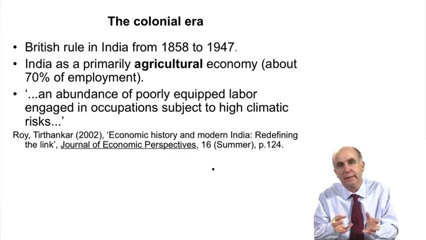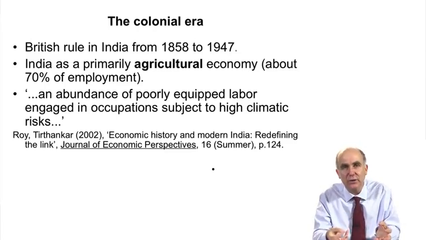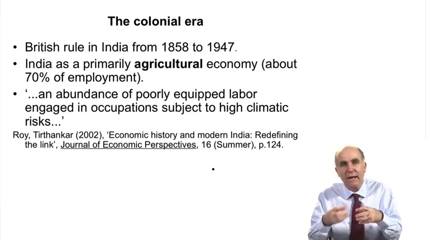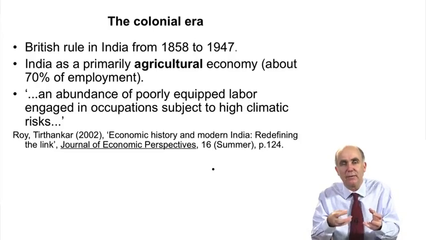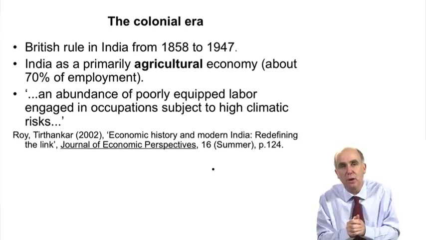So he's saying that the economy was based around agriculture. It was relatively low technology agriculture, and it was an area of economic activity where there was the potential for substantial shocks to affect the level of output, in particular climatic risk.